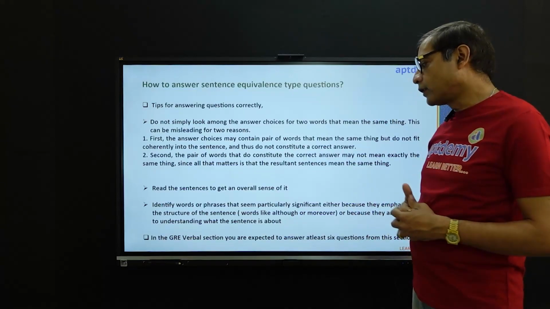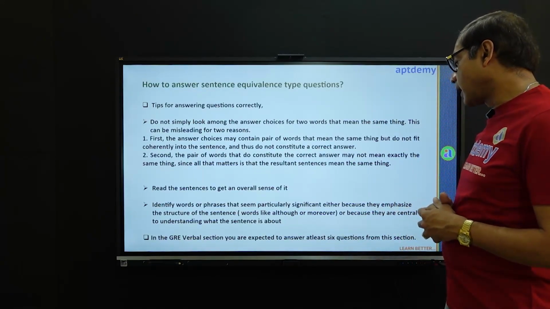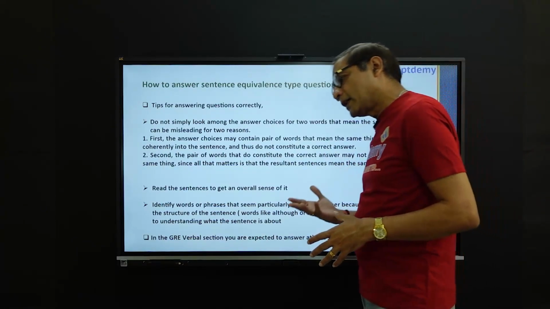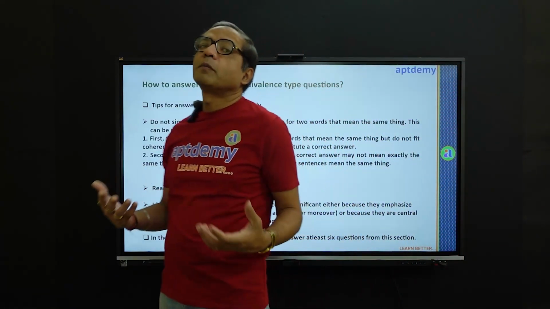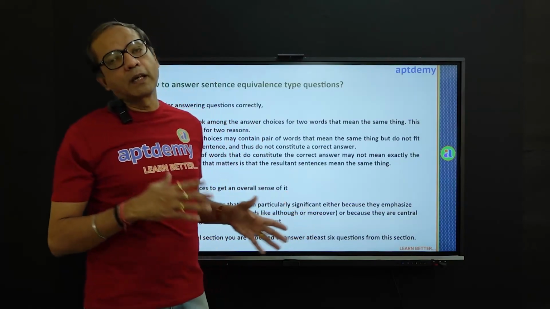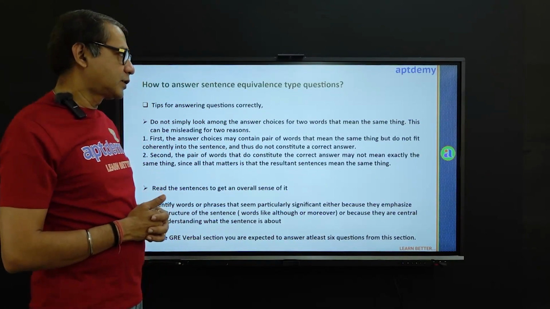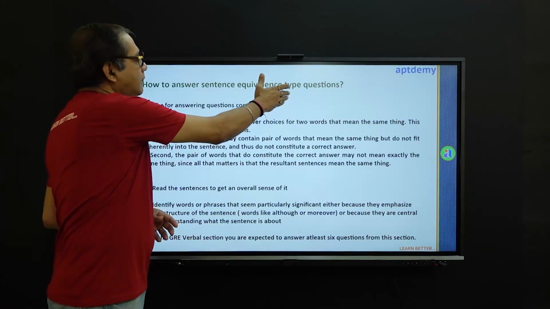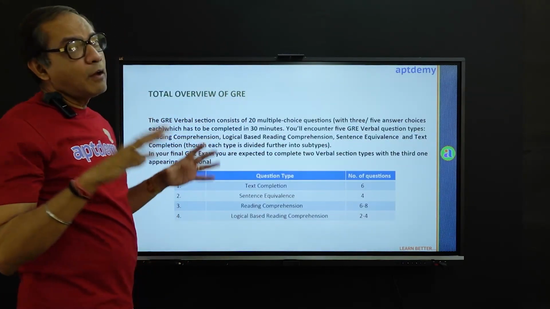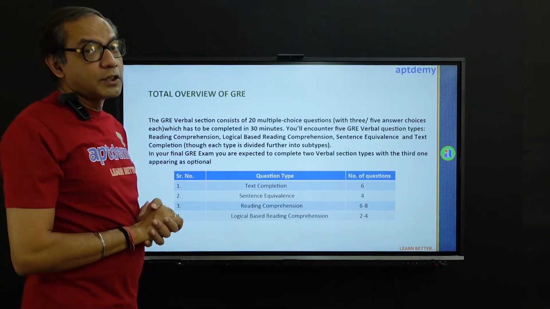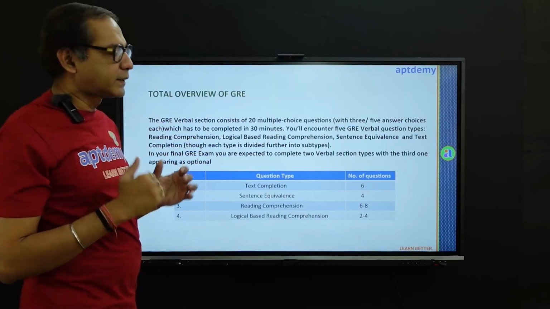So in the GRE verbal section, you're expected to answer at least 6 questions from this section, but it might vary because you might have 4 to 6 depending on the number of questions that you're getting from the reading comprehension type. Moving on. So now let's get a total overview of our GRE exam, like the verbal section.